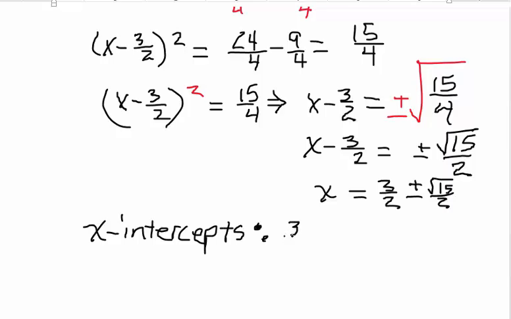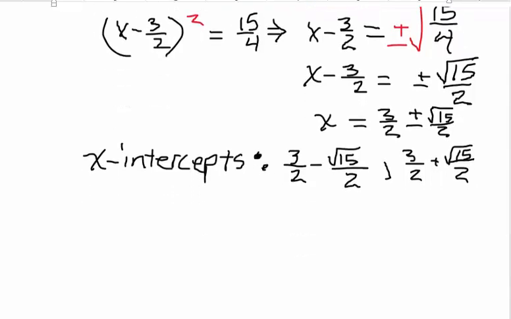So in MyMathLab, you're going to enter these in and separate them with a comma. So that's one x-intercept. Here's the other x-intercept. Remember, the y's are 0 that go with those.